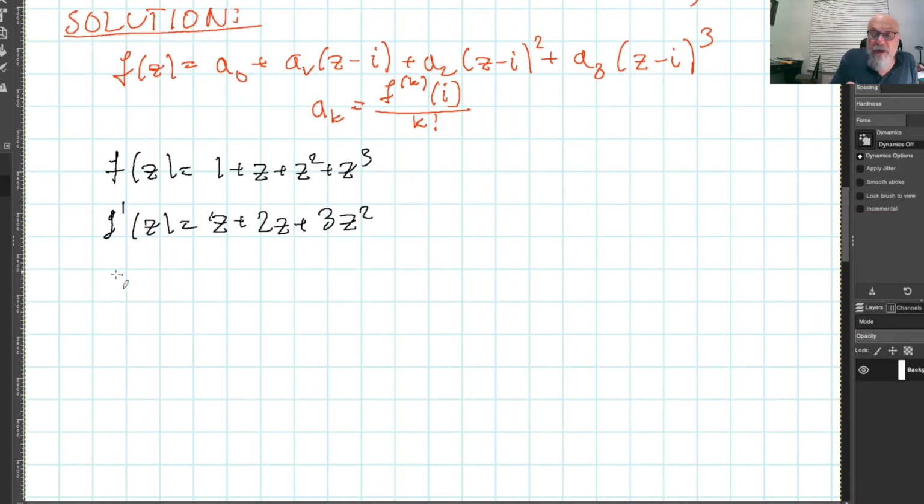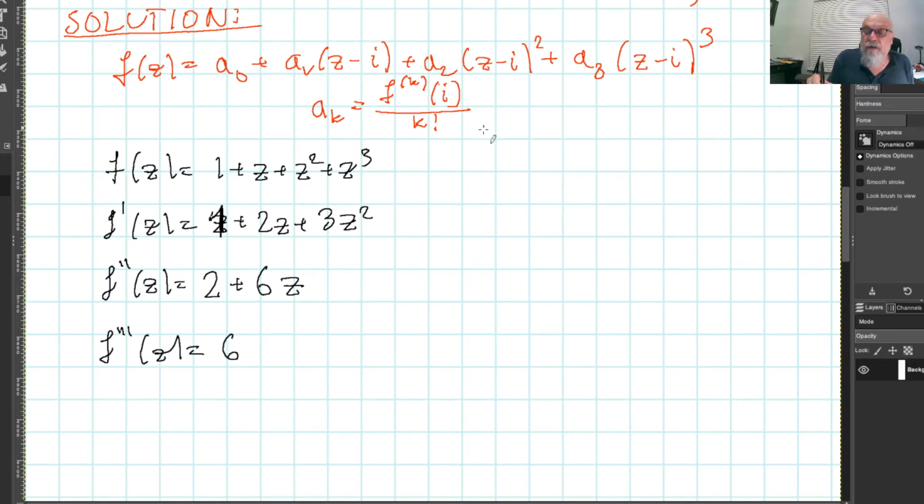And then you have here f double prime of z is equal to 2 plus 6z, and the third derivative of f will be just equal to 6.